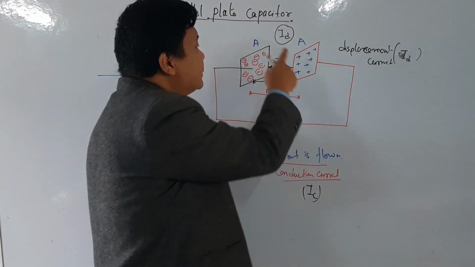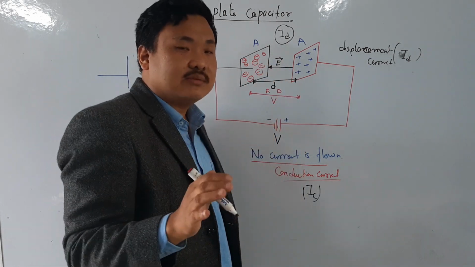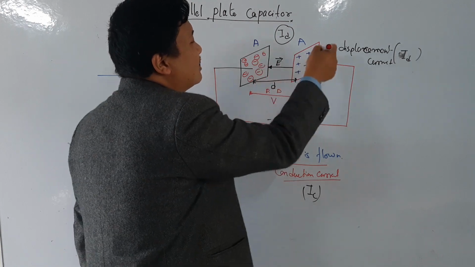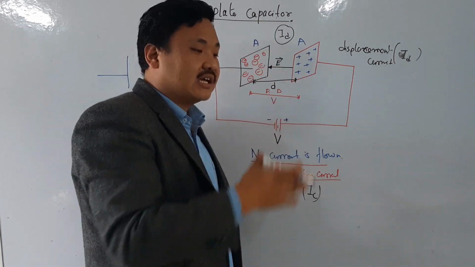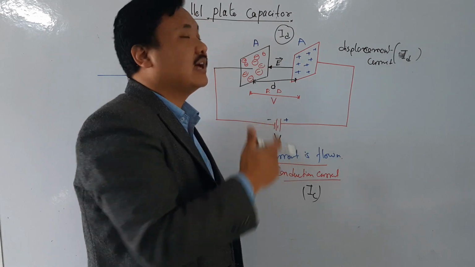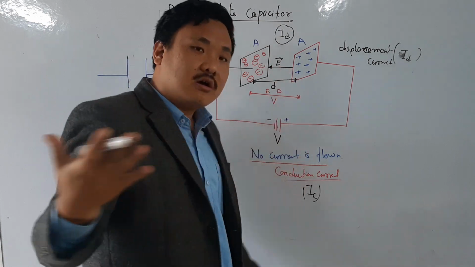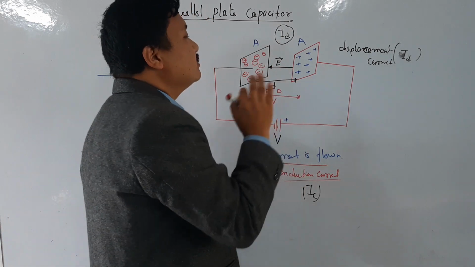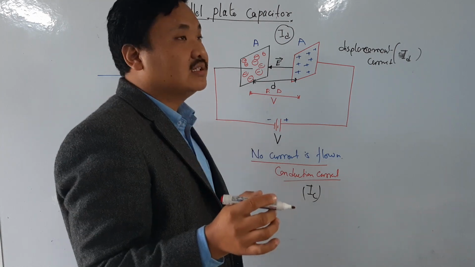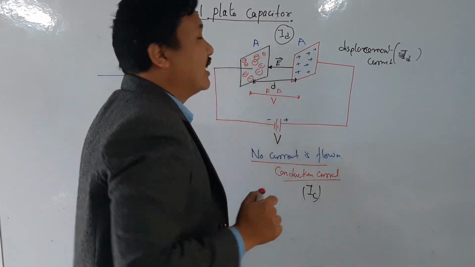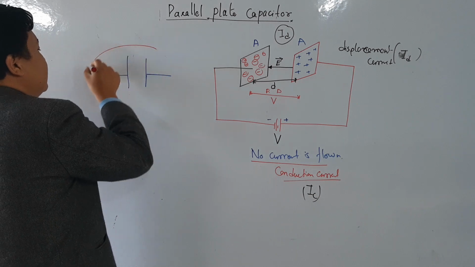Now how to represent this system? Every time I draw plates like this, whenever I solve an example or do a derivation, it will take a lot of time. So to reduce the time, we denote it by a simple symbol.